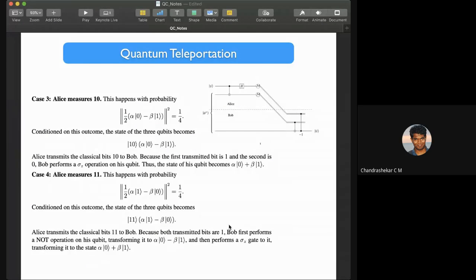I've not introduced this term. LOCC is the terminology for it. You can do local operations on a quantum state on your side, but you cannot send any quantum state. You can only send classical information from Alice to Bob, or from a sender to a receiver. So that's what is happening in this teleportation.